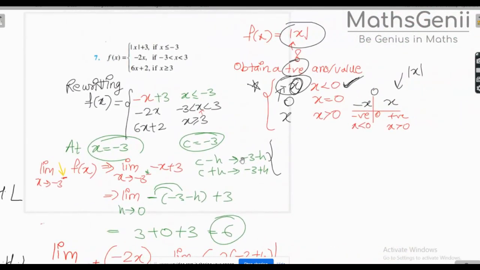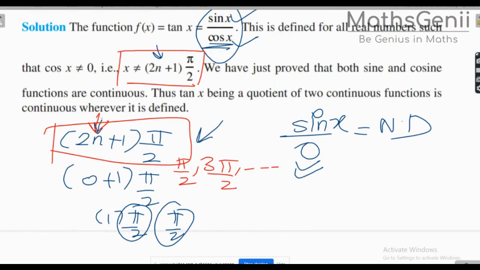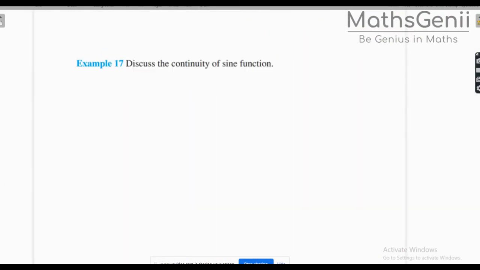Okay. Moving ahead to the next question. Discuss the continuity of sine function. So this is kind of a derivation kind. Okay. Now we have to discuss the continuity for a sine function. Now, how does a sine function look like?